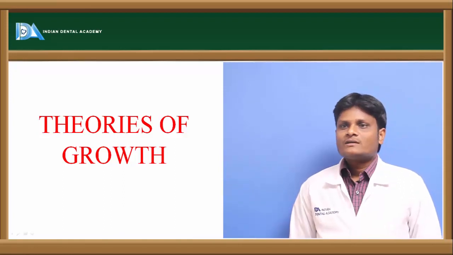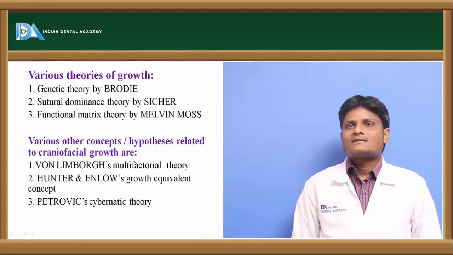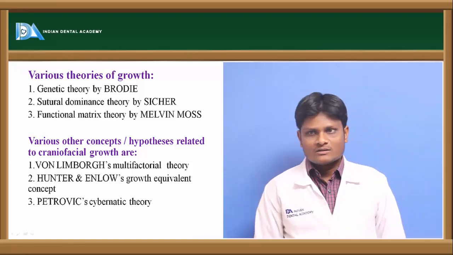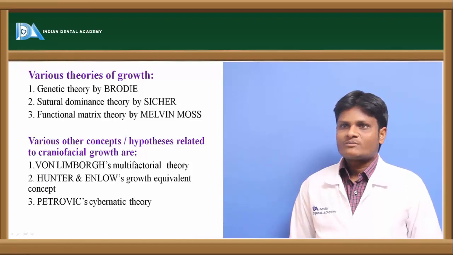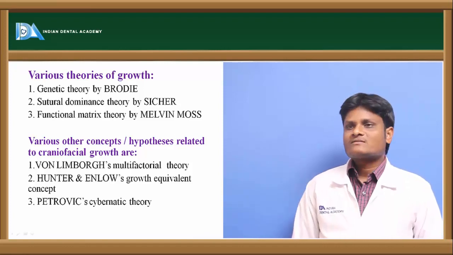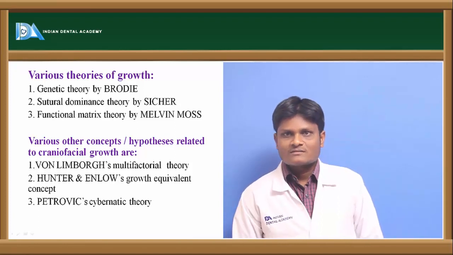Let us look into the theories of growth. There are several theories proposed by several authors, of which a few important ones are the genetic theory proposed by Brody, the sutural dominance theory by Fisher, and the Melvin Moss functional matrix hypothesis.